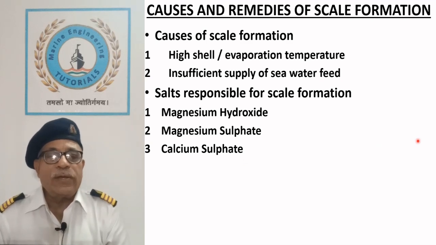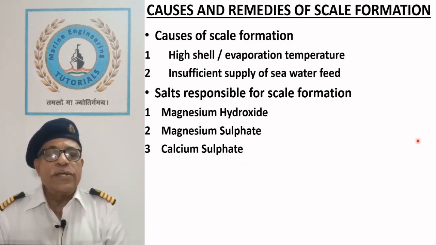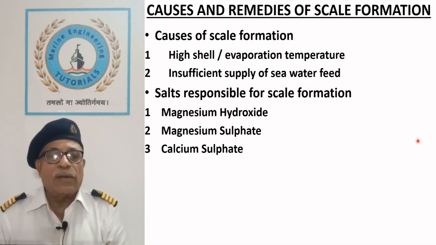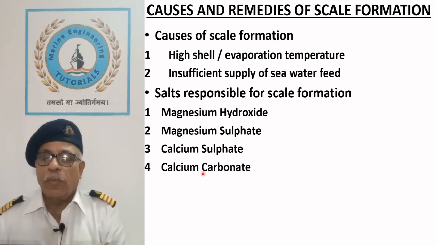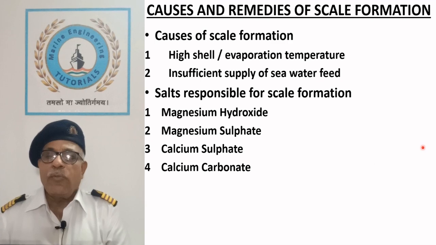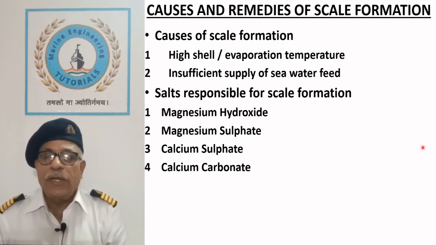Solubility of calcium sulfate decreases with increase in temperature and it forms very hard scale. Calcium carbonate. Calcium carbonate has low solubility which also decreases with increase in temperature, but it forms soft and porous scale which is not a very poor conductor of heat.